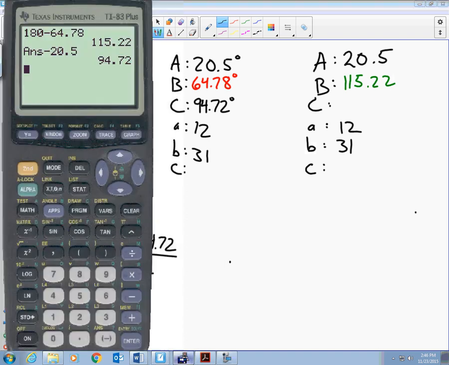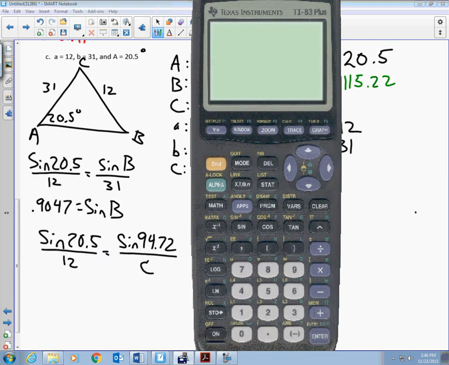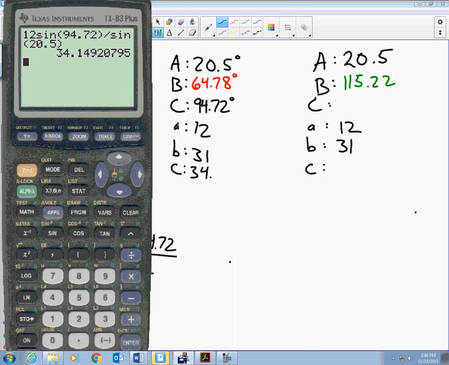C. We solve for that. 12 sine of 94.72. Okay, we're almost done. 34.15.